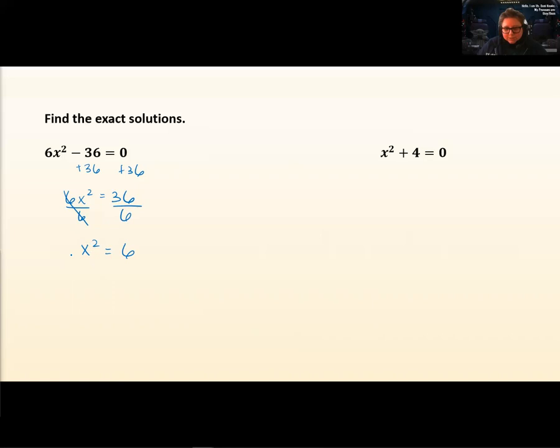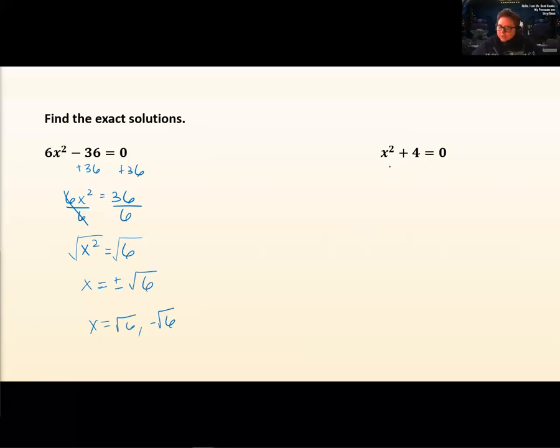Absolutely. The opposite of squaring something is square rooting. So if we take the square root of both sides, this becomes x. And because we square rooted something, how many answers do we have? Do we have one answer or do we have 2? Yeah, we have 2. We get plus or minus the square root of 6. If you're entering it online, then you would want to separate it as x equals the square root of 6 and negative square root of 6. Good job.